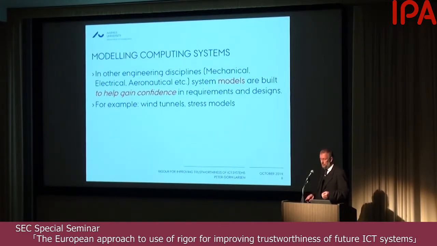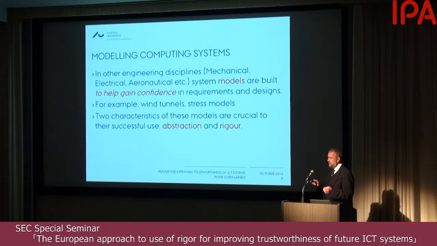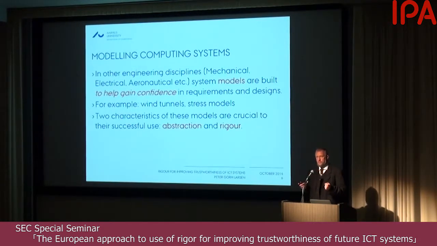We could have stress models, for example. The point that is essential to the successful use of such models is the use of abstraction, to know what you do not need, what you can take away from the analysis. And then it's a matter of having rigor. That is precision. The things that are needed need to be incorporated appropriately.